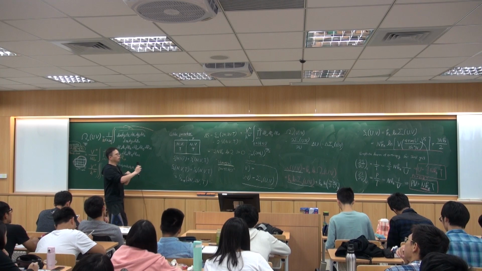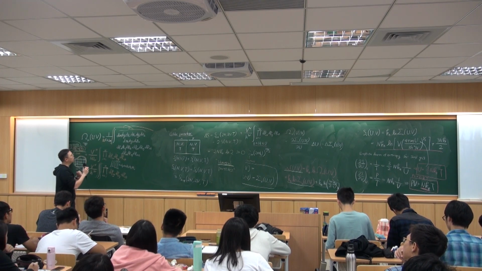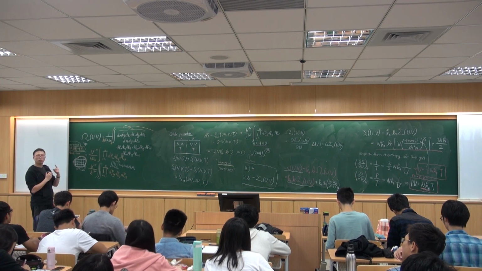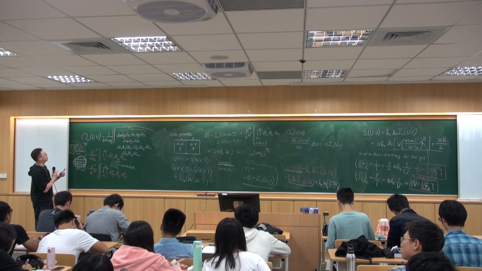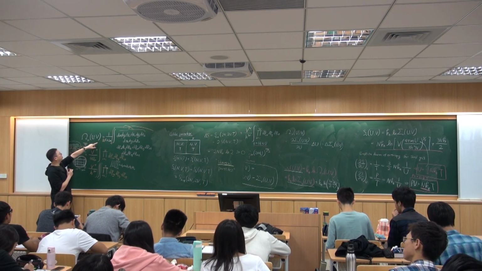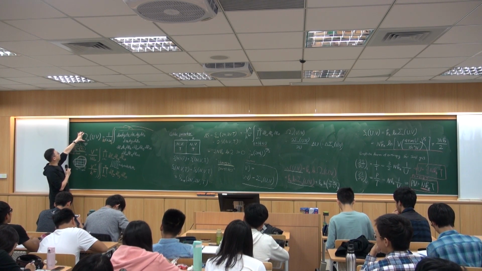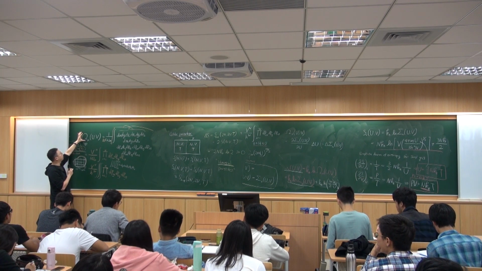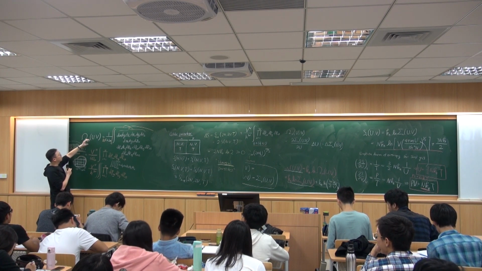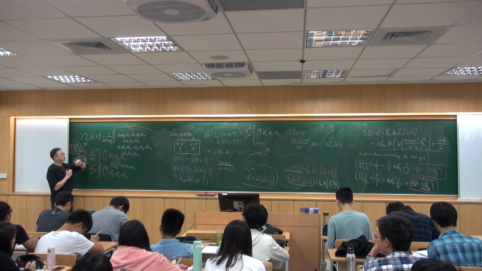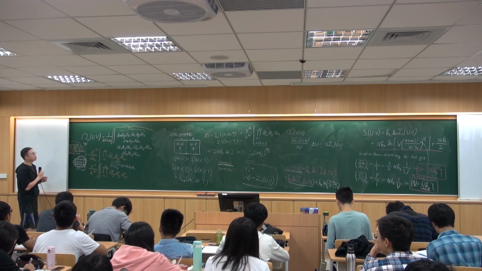Because if you exchange the positions of two particles, they are essentially the same. They can be counted only as one possibility. So you can see that if you put n factorial here, this is also a large number. The multiplicity omega will be smaller, right? Because you are reducing the overcounting issue.